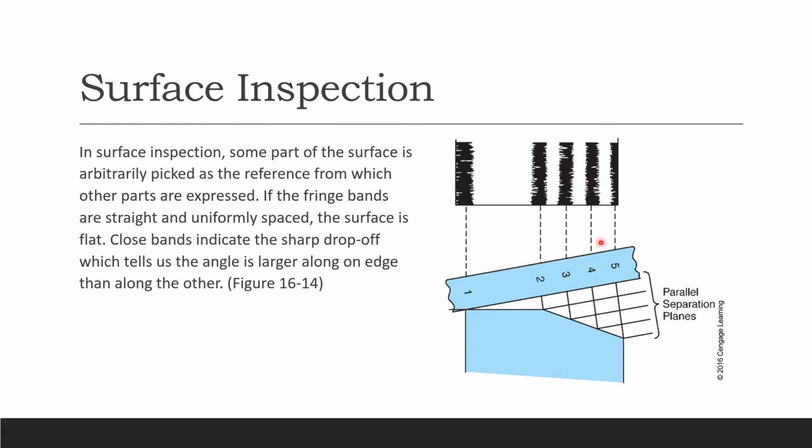And you can see they correspond to these planes. These are imaginary, parallel separation planes. It means the angle has changed to something else, and that's this topography right here. So the surface drops, and we call that a sharp drop off. Here this sharp drop off is clearly shown by the closed bands on the right.